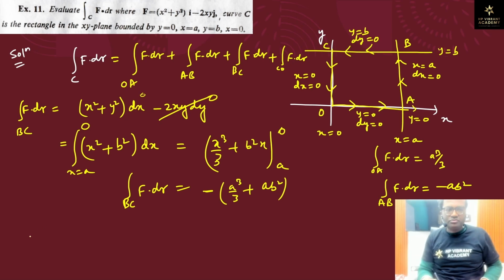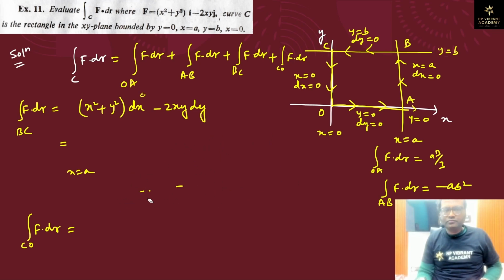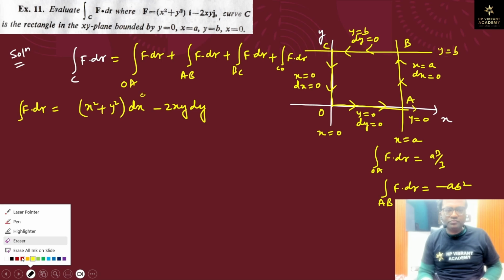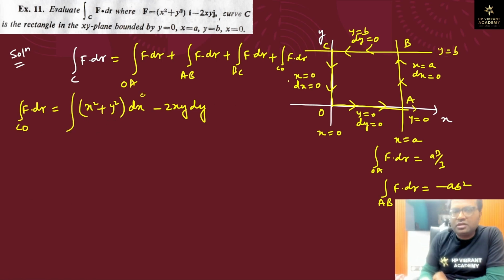Now along CO, let us find f dot dr. Along CO we have x is equal to 0 and dx is equal to 0.